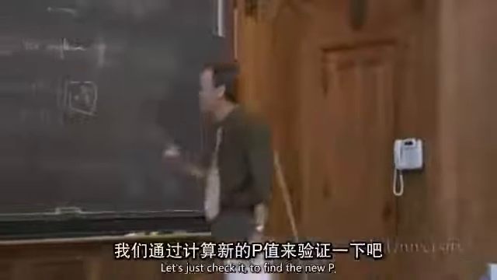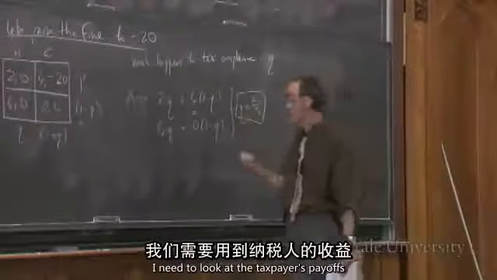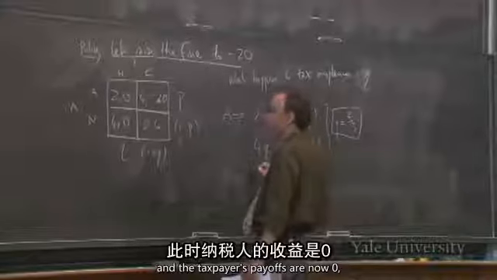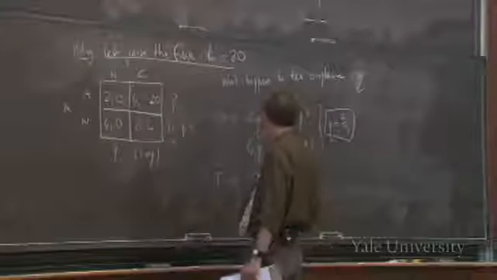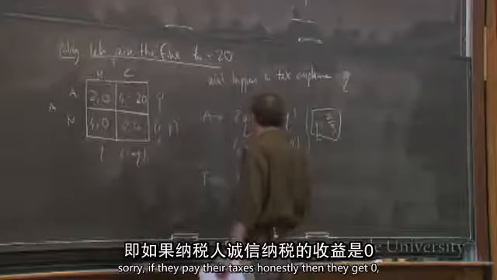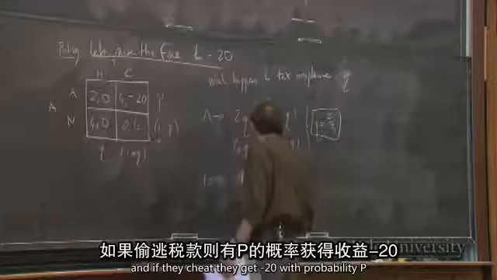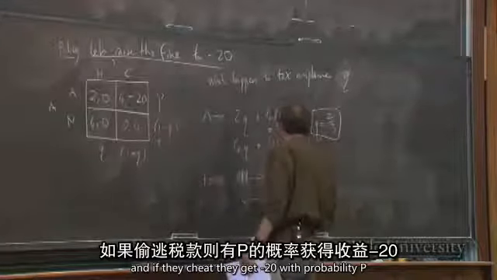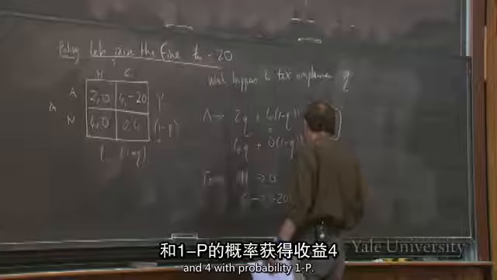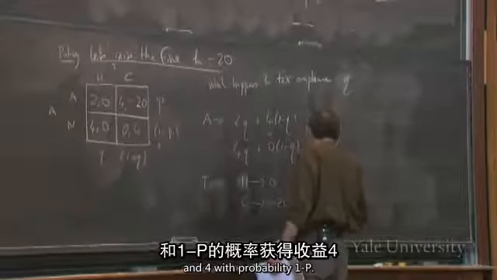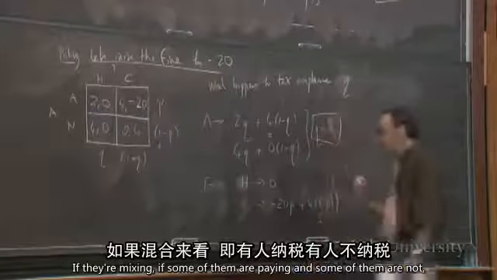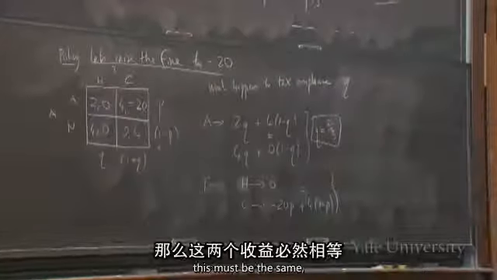All right, let's just check it. To find the new P, I need to look at the taxpayers' payoffs. The taxpayers' payoffs are now 0 if they pay their taxes honestly. And if they cheat, they get minus 20 with probability P and 4 with probability 1 minus P. If they're mixing, if some of them are paying and some of them are not, this must be the same.